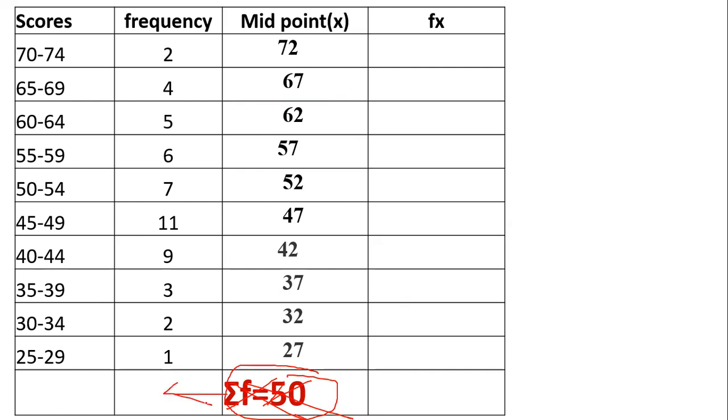Then the second thing now, you have to take the frequency and multiply by what you got in the X column. So this one will be 2 times 72, which gives us 144.